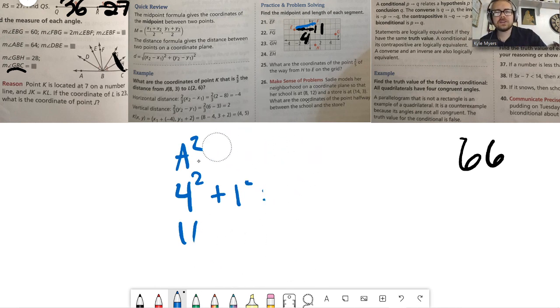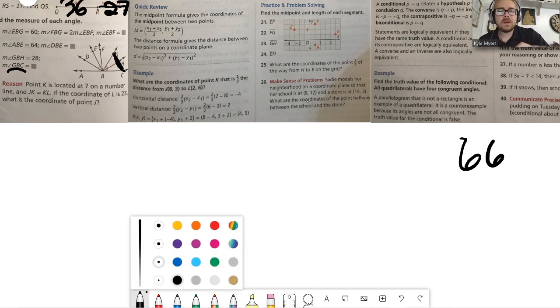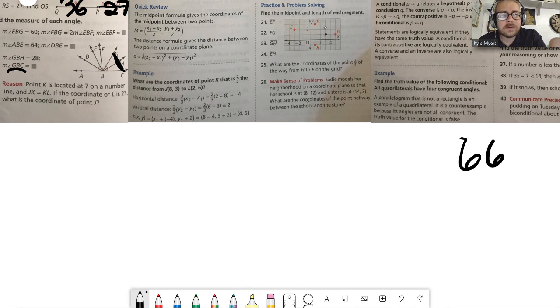Square root of 17. For the next one, erase this too, we have FG. So over here. If I count the spaces, 1, 2, 3, 4 spaces. So in between would be 2 spaces. And then if I count up, I go up 2 spaces.